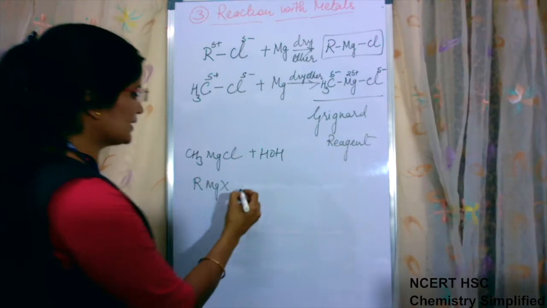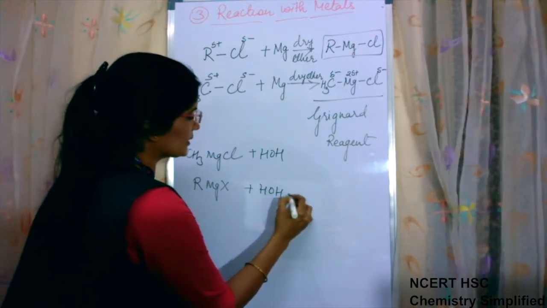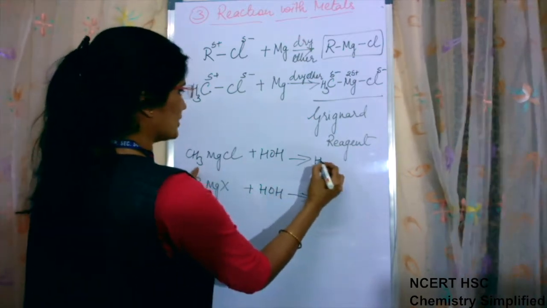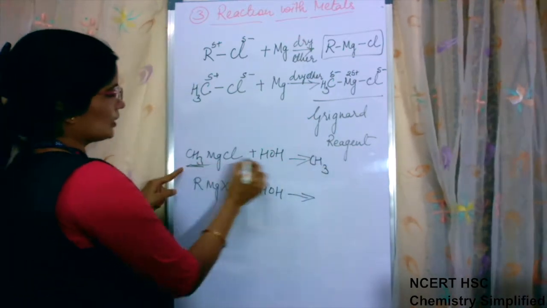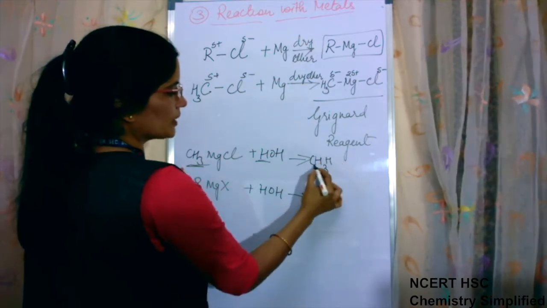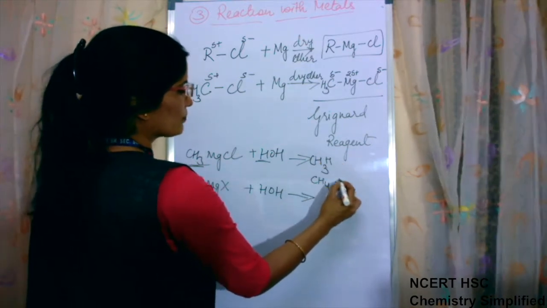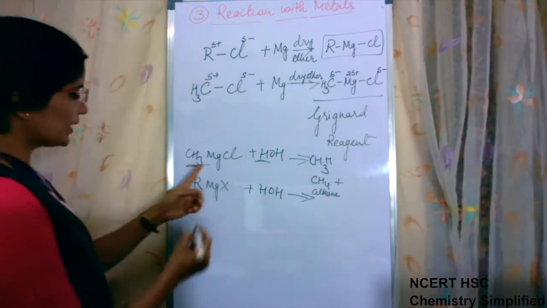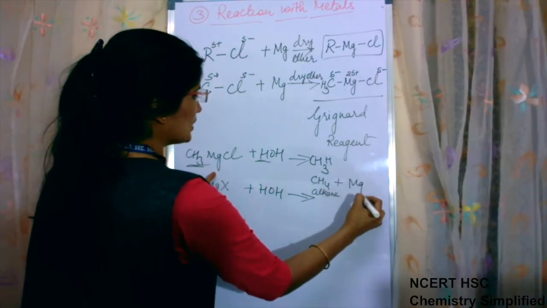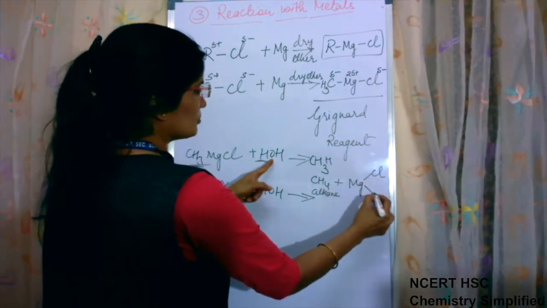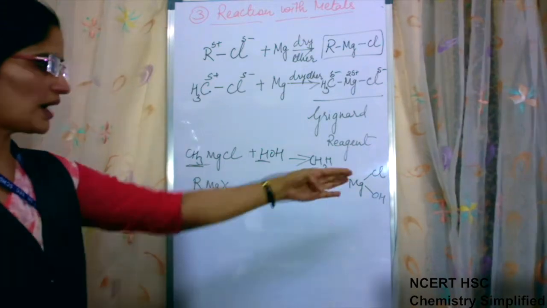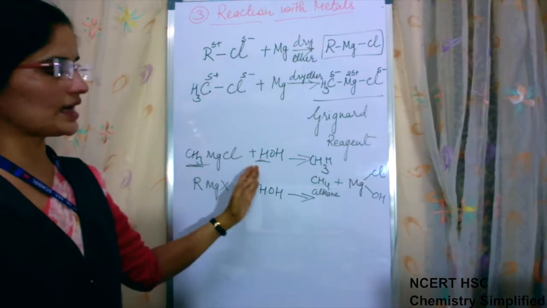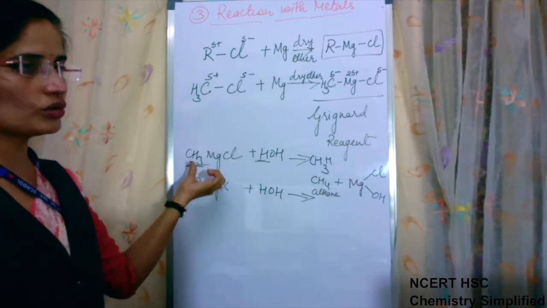So mainly we write the reaction with water. Whenever it comes in contact with atmospheric moisture, it gets converted into CH3, H it abstracts from here, so it will become CH3H, means CH4. It becomes alkane, hydrocarbon, and remaining is Mg, one bond with Cl and one bond with OH. This is byproduct. So it gets converted into hydrocarbons. That is why it is always kept away from moisture if we want to store it.